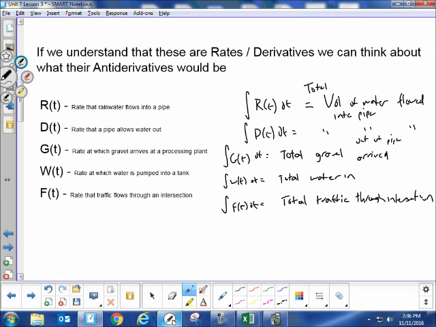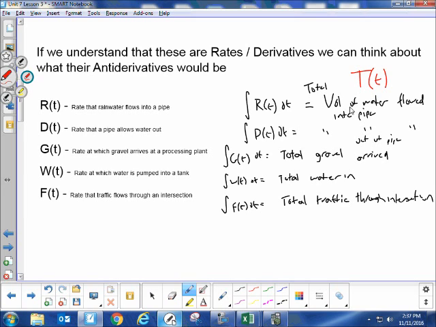Okay. Now it's important you know that they aren't going to give you a letter to use because they're already starting with capital R, capital D, capital G. But what we're going to probably want to do is say that this is equal to some total. And we'll use some other letter to define it as the antiderivative of what I'm given.